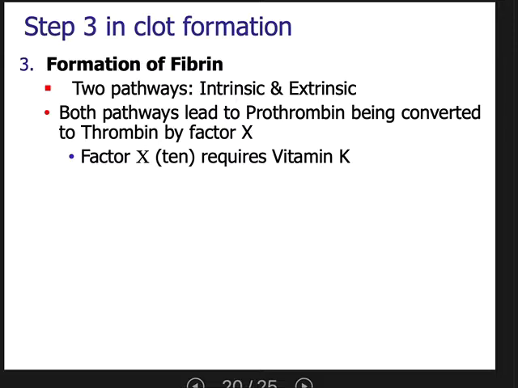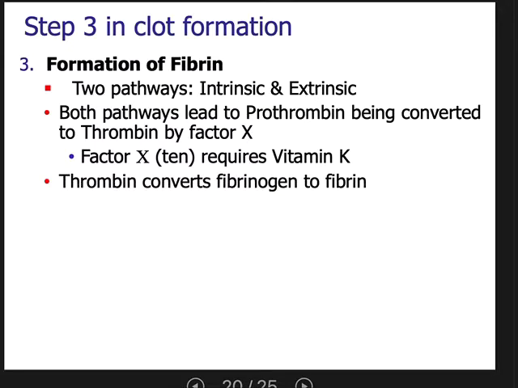There's more steps for intrinsic, but they both end up at this point where you have prothrombin and it gets converted to thrombin by factor X. Factor X requires vitamin K. If you don't have enough vitamin K, you won't be able to make enough factor X and you will clot more slowly.